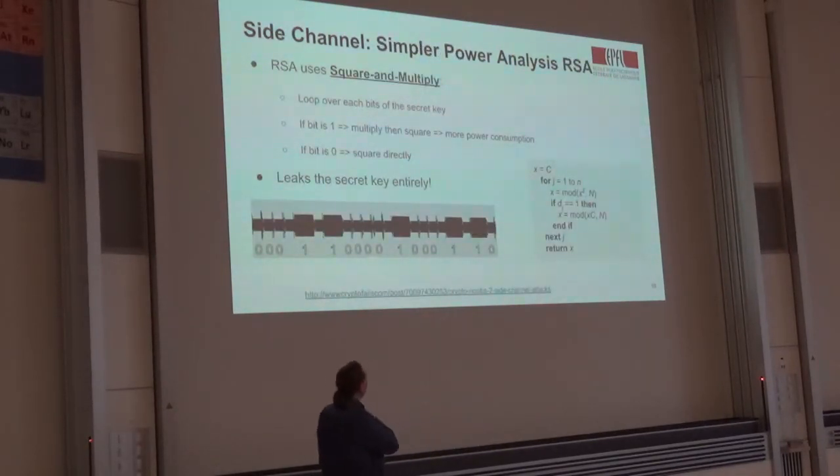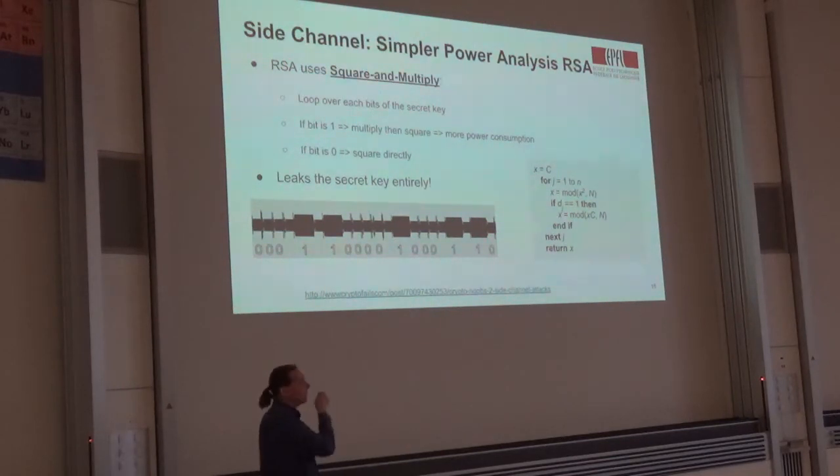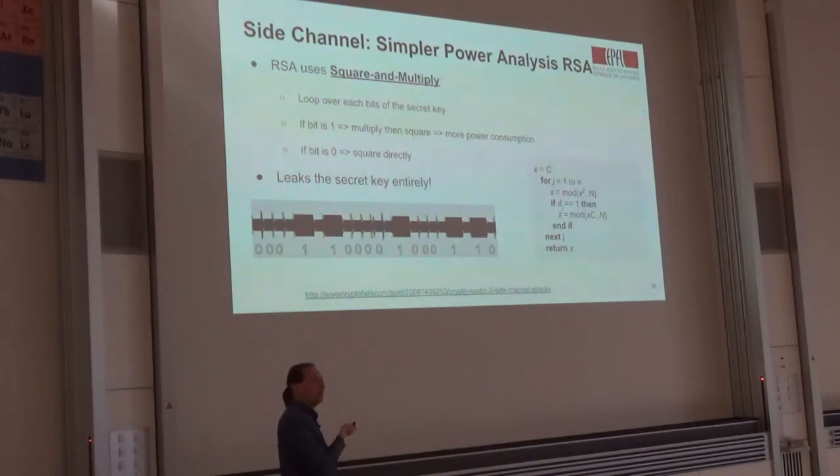If you have a physical device implementing that vulnerable square and multiply loop, you can't necessarily directly see the loop going, but the multiply and square actually takes more power than just the plain square part, and this was observed in one of these experiments.